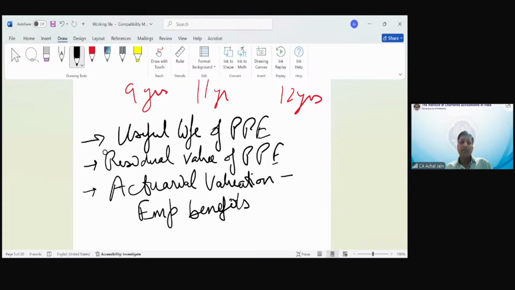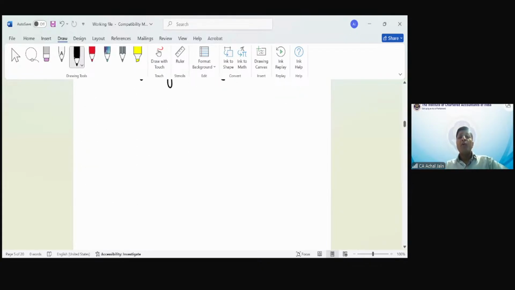Okay. Now, because these estimates are not 100% correct, that's not possible. So that's why year on year, they may change. Yes or no? Year on year, they may change. Correct? There may be a change in that. So when you record some amount in the current year, next year it may change.